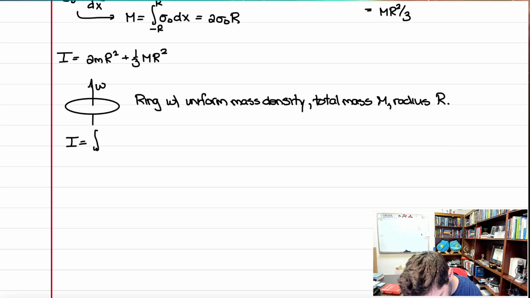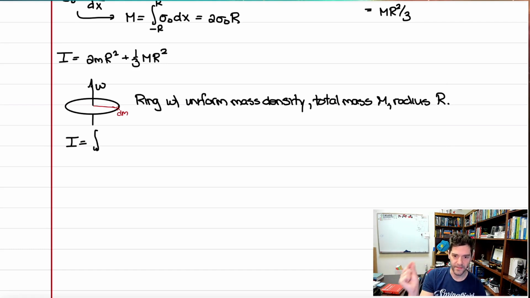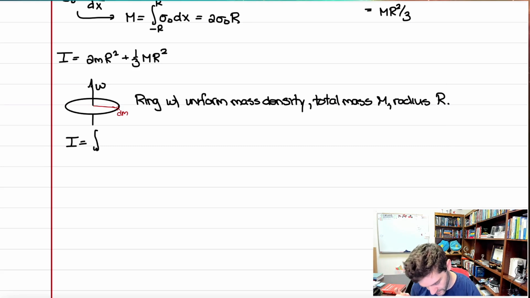So I can even kind of draw it out, some little dm that's located there. But since this is a ring, the nice thing is that every part of the ring is a distance r squared away from the center of mass. So that's actually a constant times dm. And again, to emphasize that it's a constant, I'll take it out of the integral.